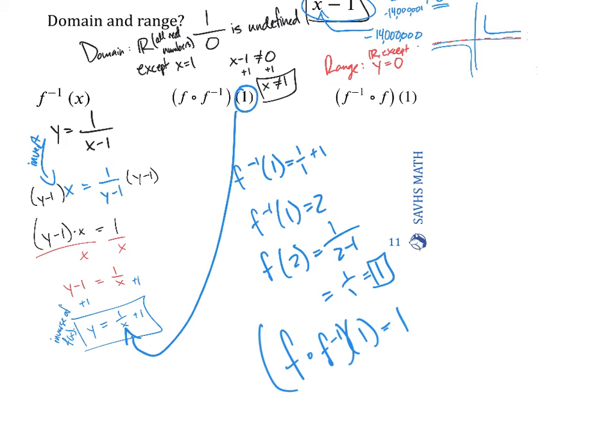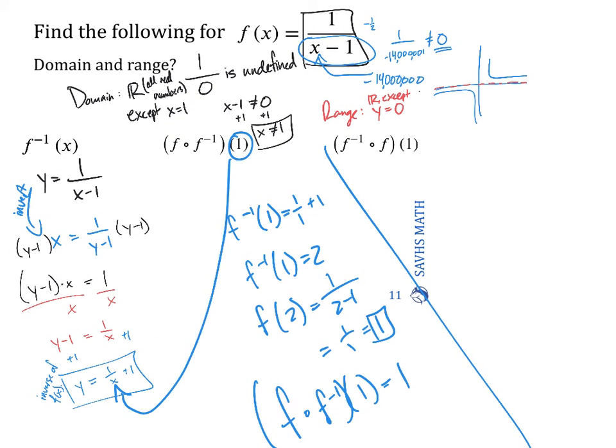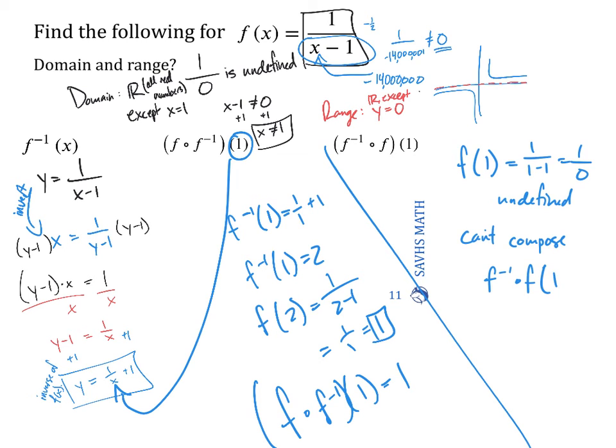What happens if we do the opposite order? What happens if we put 1 into f first? F of 1 is 1 over 1 minus 1, which is 1 over 0. This is undefined. And so we can't compose f inverse composed with f of 1.